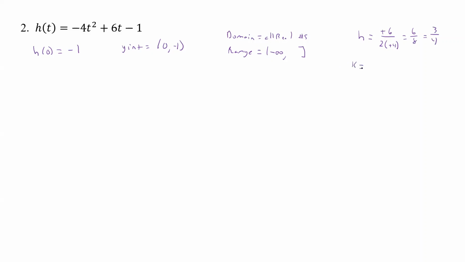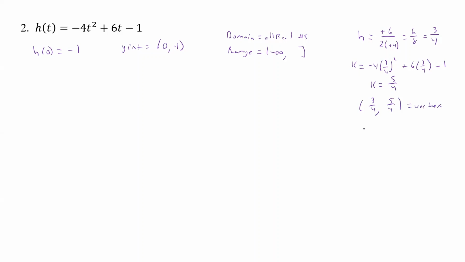So k equals negative 4 times 3/4 squared, and then plus 6 times 3/4, and then minus 1. If we plug all that into our calculator, minus 4 times 3 divided by 4 squared, and then plus 6 times 3 divided by 4, and then minus 1, we get 5/4. So k equals 5/4. So that means our vertex is going to be 3/4, 5/4.